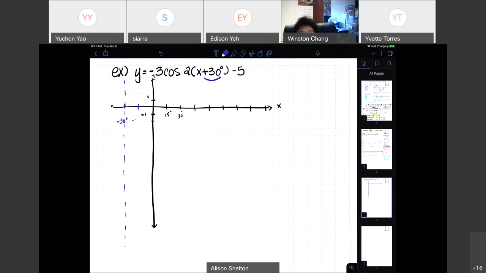So 1, 2, 3, 4, 5. I'm going to draw my second dotted line horizontally through -5. So just to make that clear, we have a horizontal shift of left 30 degrees and a vertical shift of down 5.